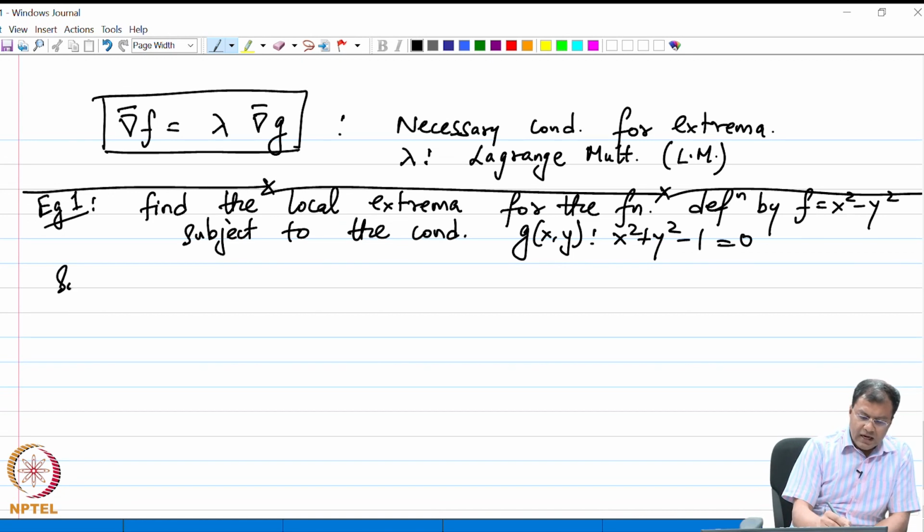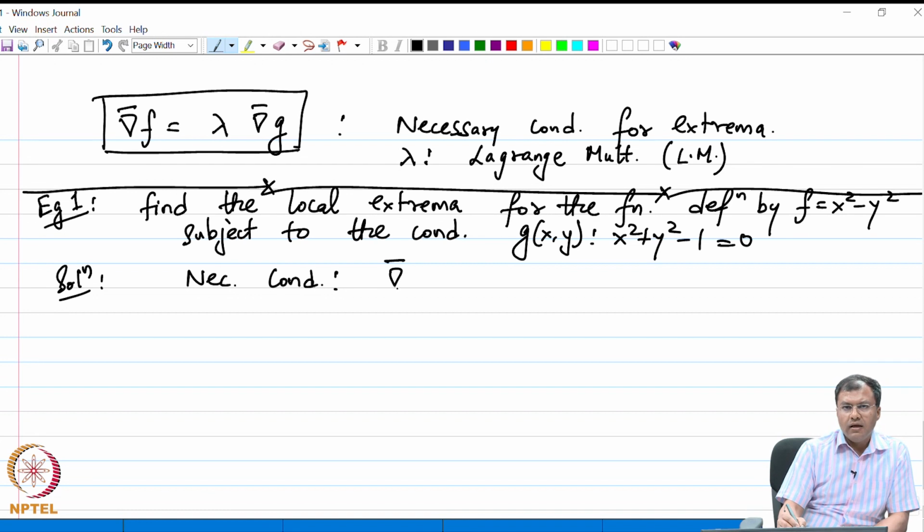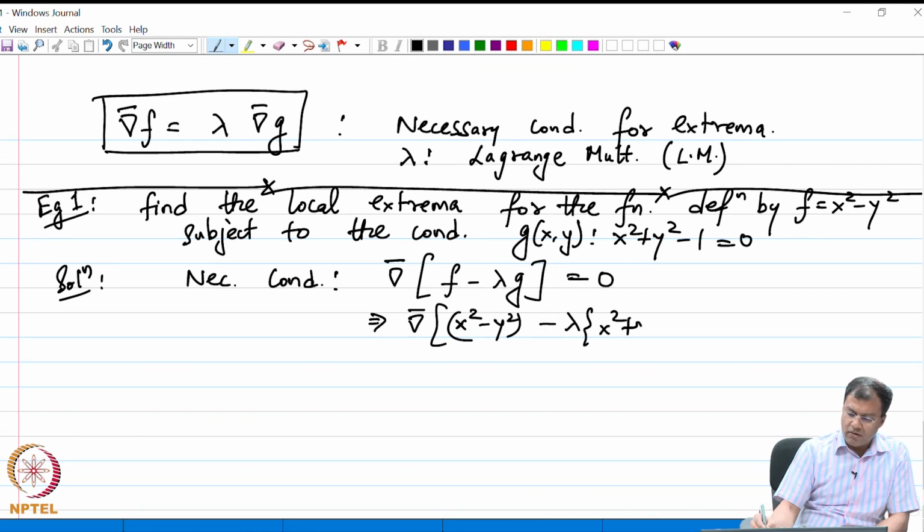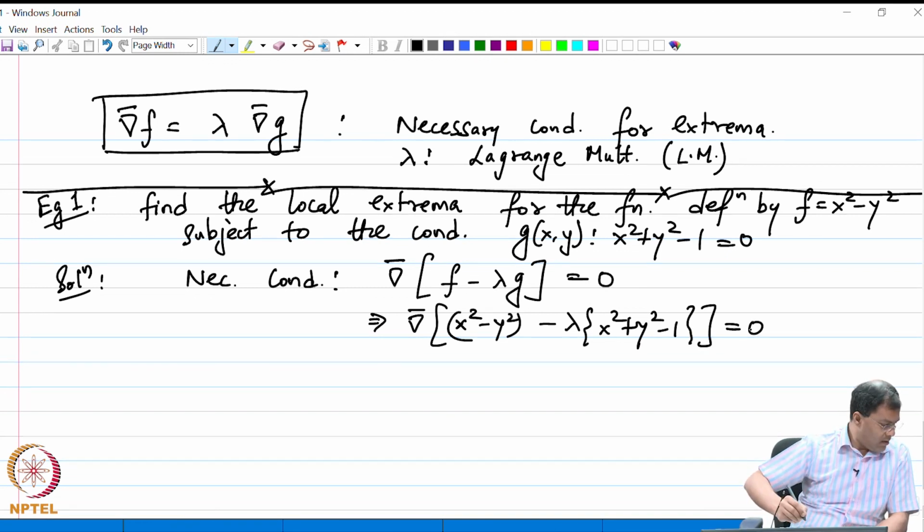Well, we can directly start with the Lagrange condition. So, the necessary condition is the grad, which here will boil down to the two dimensional derivative. The grad of f minus lambda g is equal to 0, right. This means the grad of x square minus y square minus lambda times x square plus y square minus 1 is equal to 0.